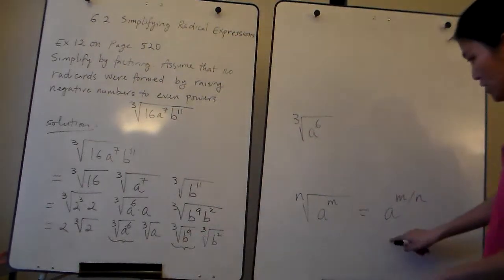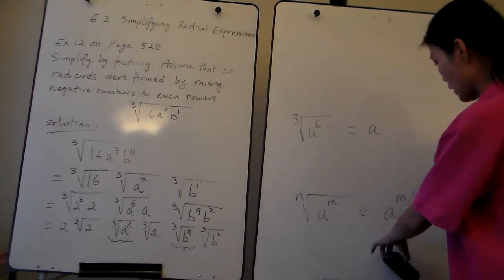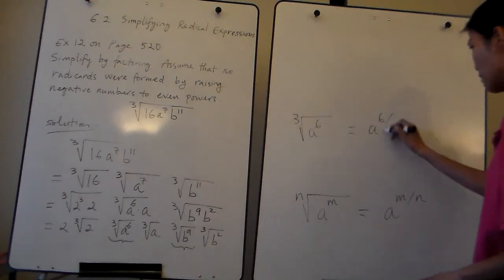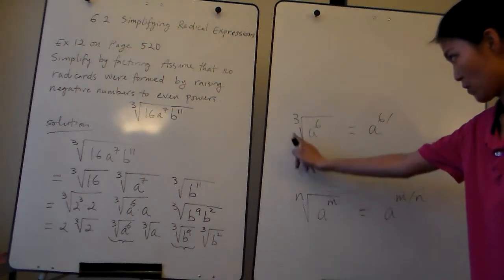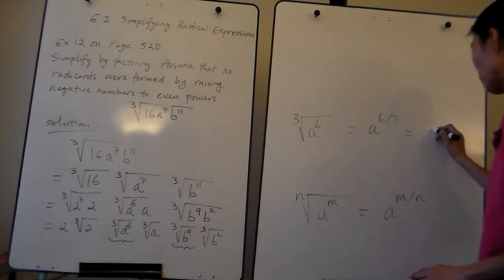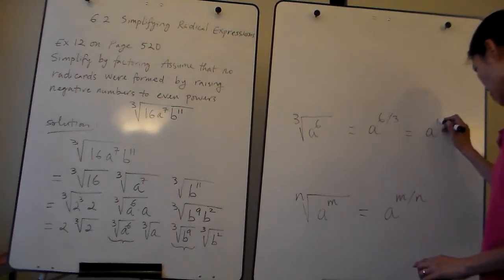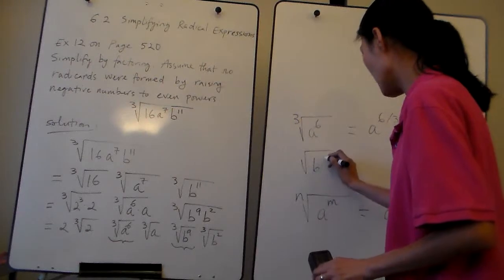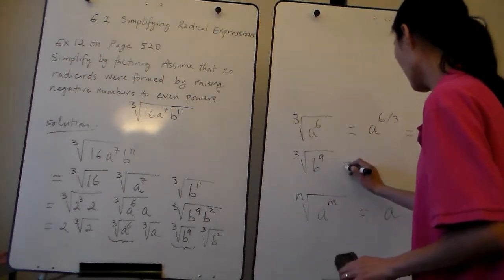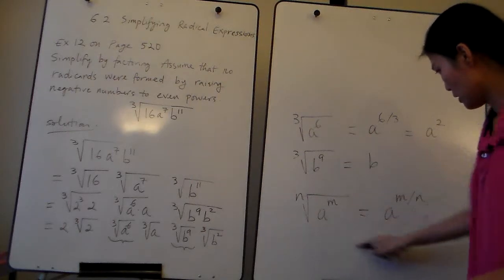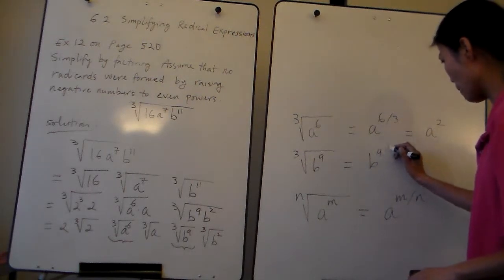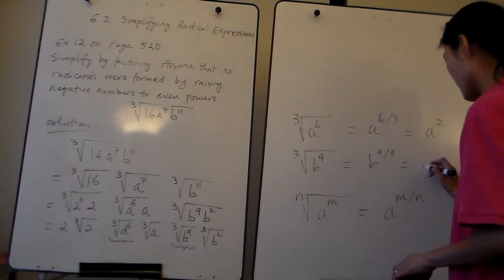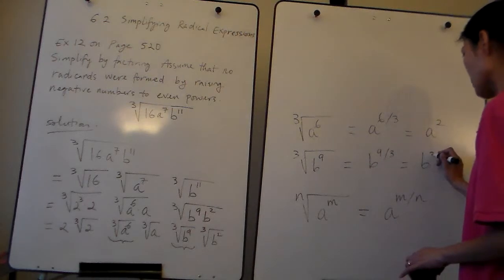You can simplify using a raised to the exponent divided by the index of the root, which is 3. So 6 divided by 3 is 2. And for this, we can simplify the cube root of b to the 9. Using this rule, you take 9 divided by the index, which is 3. Simplify, you have 9 divided by 3 is 3.